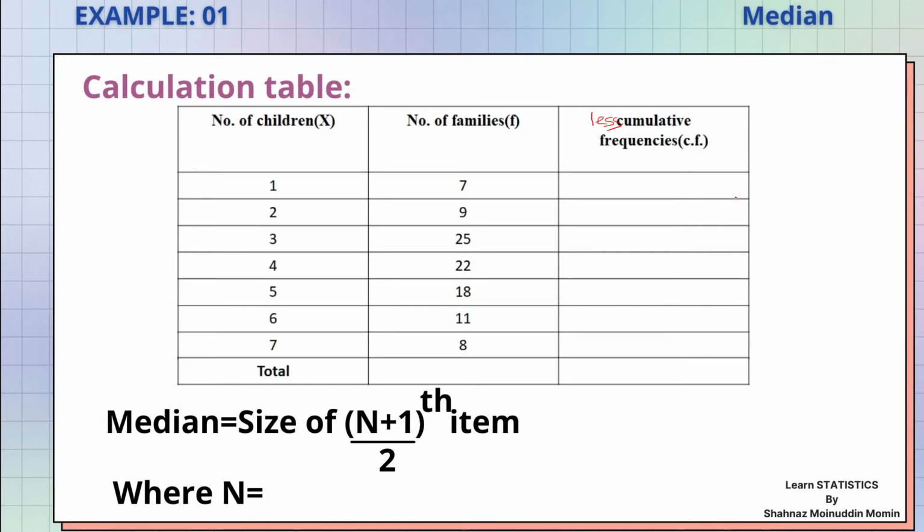There are two types of cumulative frequencies, less than cumulative frequency and more than cumulative frequency. For less than cumulative frequency, we start adding from the top of the column, and to obtain greater than or more than cumulative frequency, we start adding from the bottom of the frequency column.